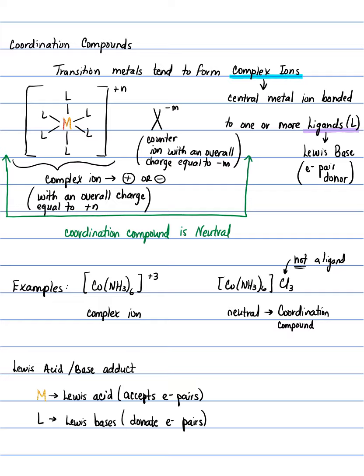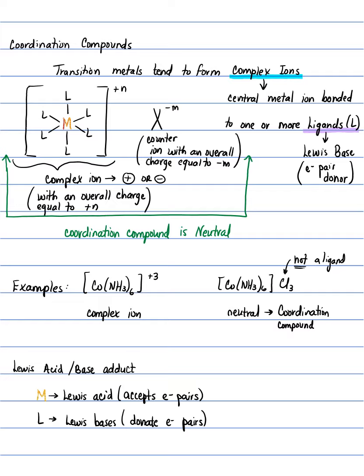It's an ion because you have an overall charge. In my example, I have plus n, and n can be any number. That charge for the ion is not only a positive number; it can also be a negative complex ion. That can also happen.